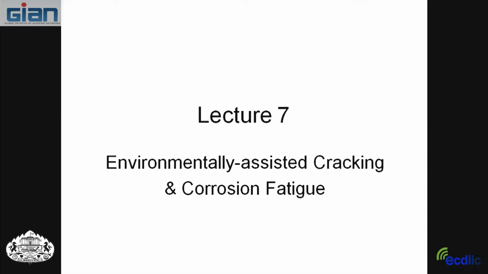This is then the next logical step. You learn the K, which is our parameter. You learn fracture toughness, which is failure under monotonic loading. You learn fatigue, failure under cyclic loading. And now, lastly, environmentally assisted cracking.